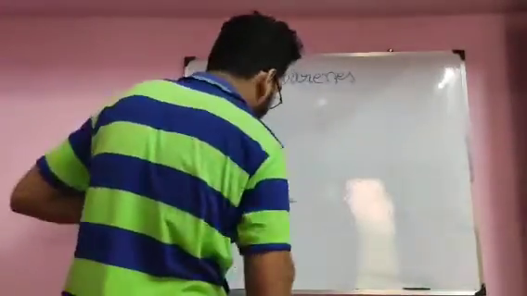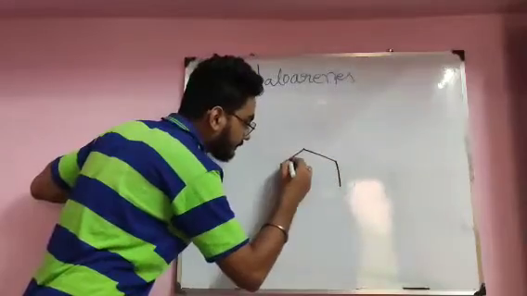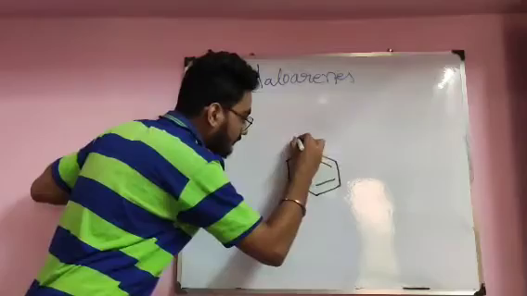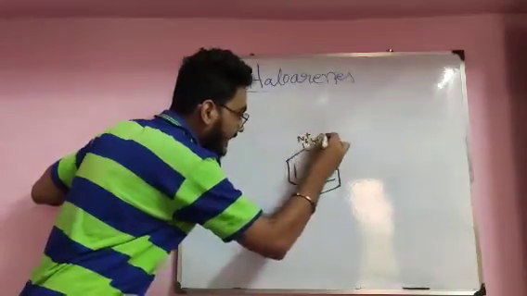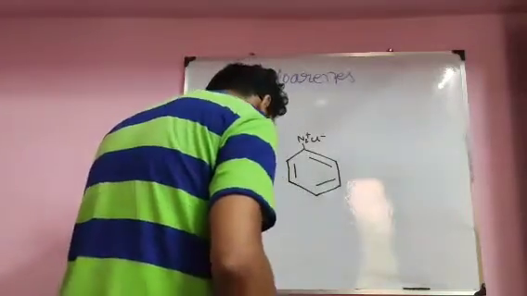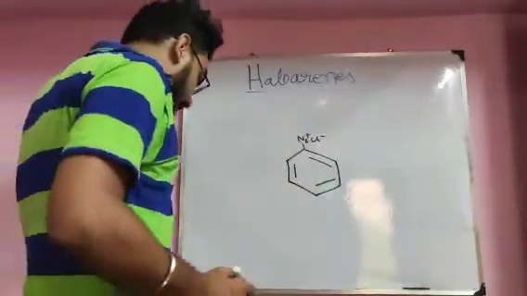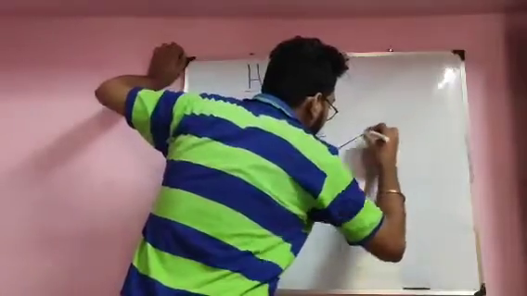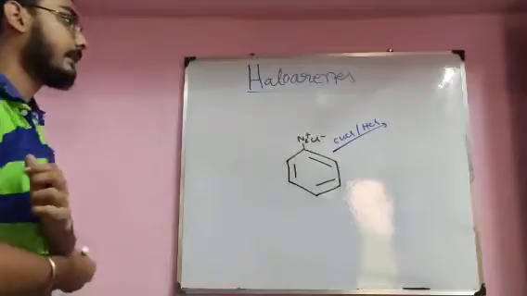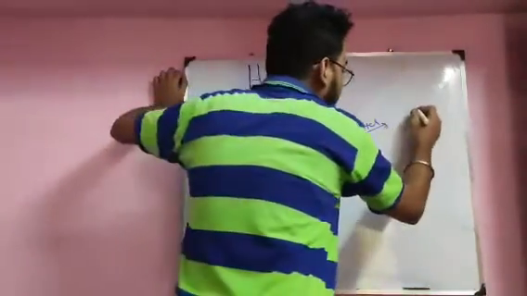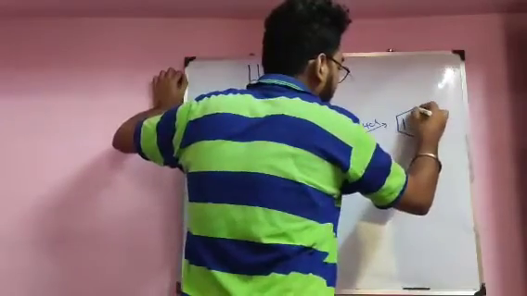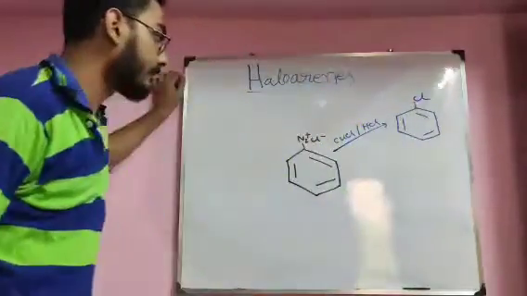Now we can see it. This is benzene diazonium chloride. If we give CuCl or HCl, then the product formed is chlorobenzene.